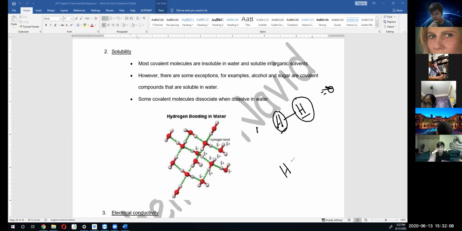Whereas water has a partially positive charge and a partially negative charge. The reason is the difference in electronegativity. Now, hydrogen does not have any charge, does it? No, sir. So there will be no attraction.